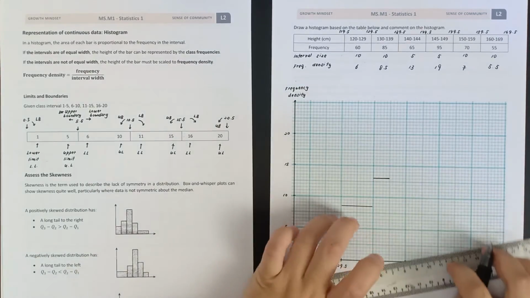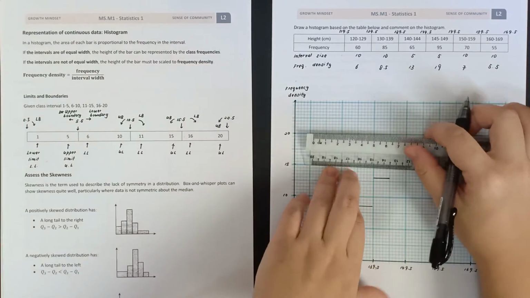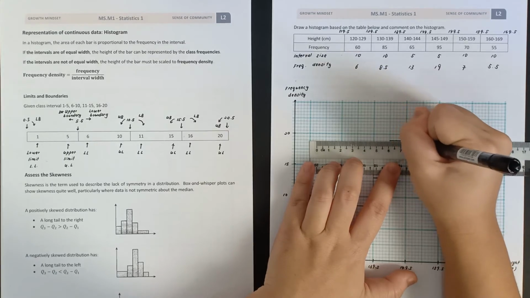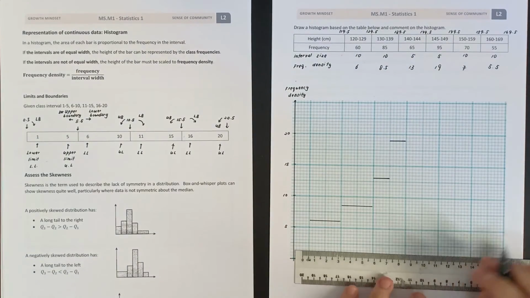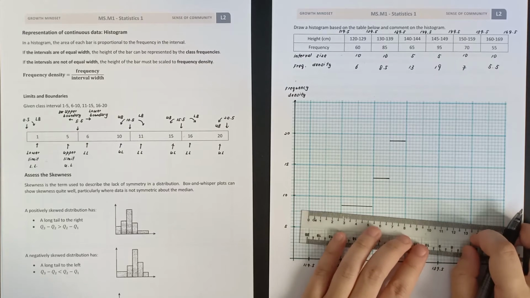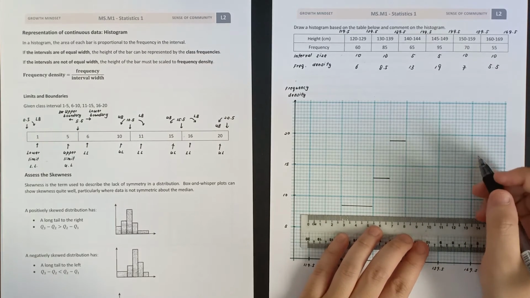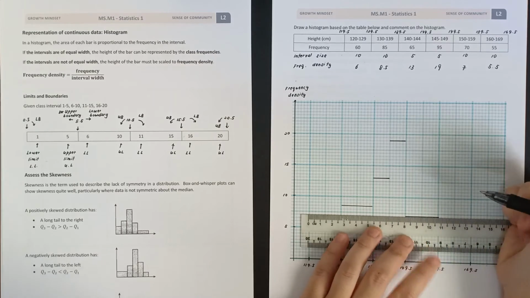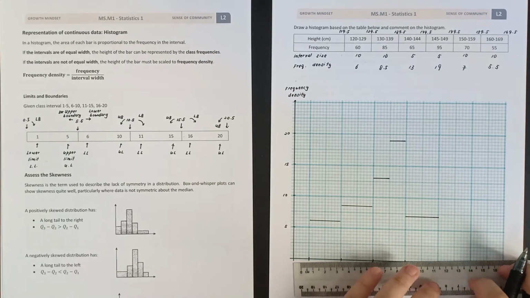Then next one, 19, also a width of 5 only. Then after that 7, and then 5.5.